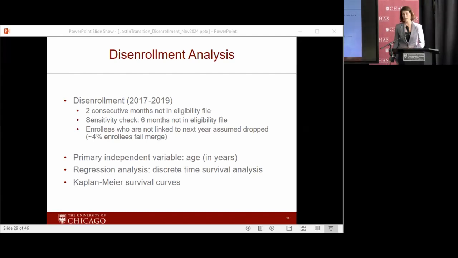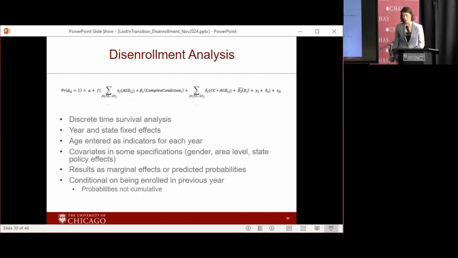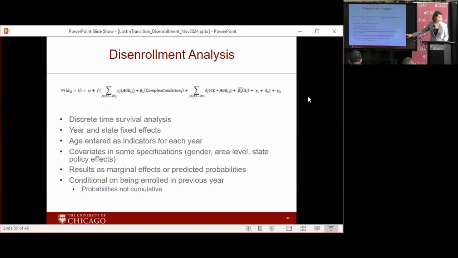Okay, so this is the main regression specification we use. The regression specification has an indicator for complex condition, and then this summation term here is showing you that we enter age as an indicator for each year.